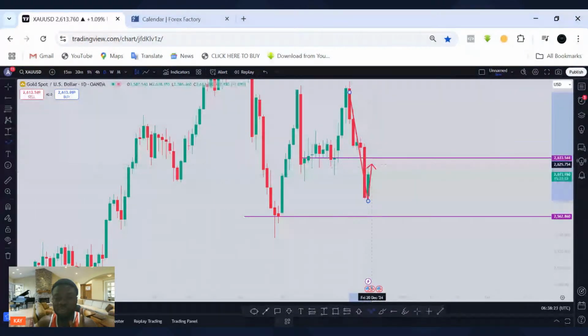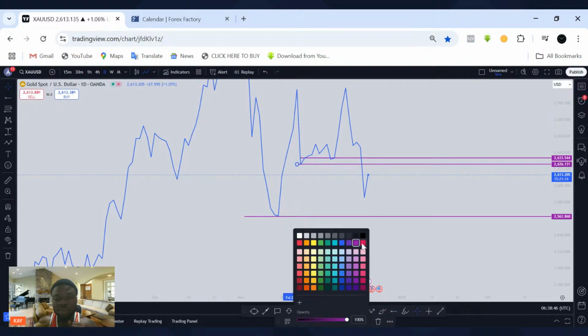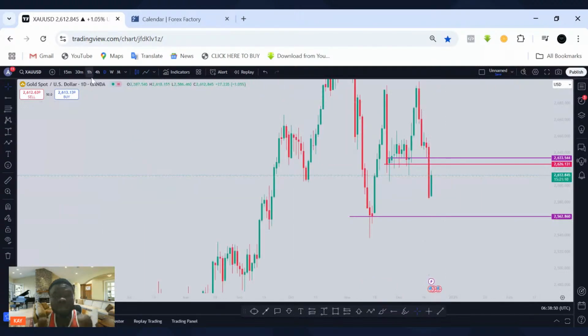If it is an uptrend and it shifts to a downtrend, the price will pull back to the previous resistance level. Price is currently pulling back to the previous resistance level, and it is going to pull back over here.